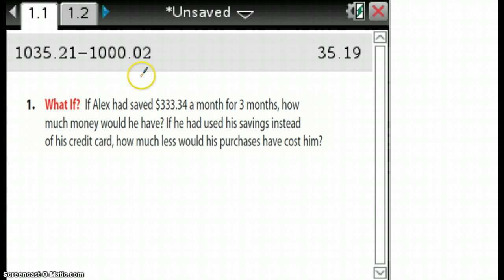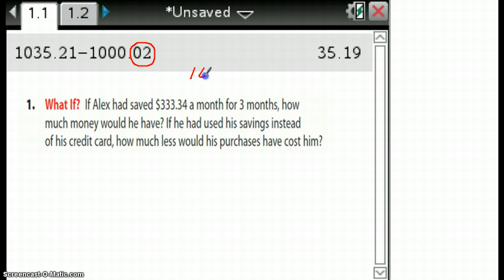Now here I put this 2 cents on, but actually if he has $1,000 cash, he's just going to pay the $1,000.